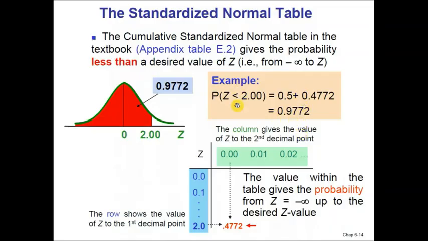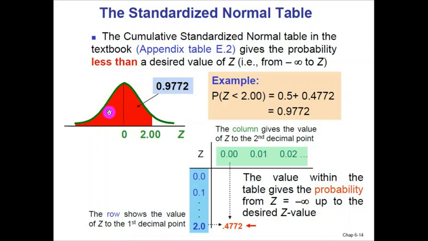For example, if you want to find the probability of Z less than 2. Z less than 2 means that when you draw this normal distribution curve, remember for standard normal distribution, the center point here is 0. So 2 is somewhere here. The red color shaded region is the part that we want to find the probability for.